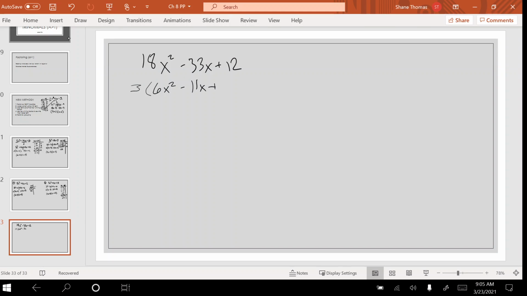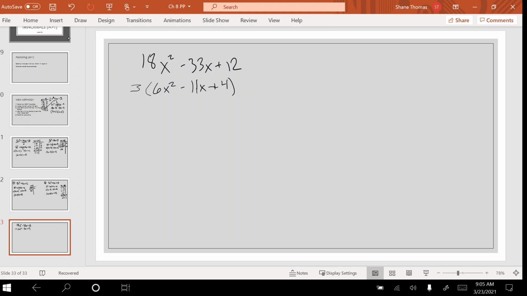All right. So now I factored that 3 out. Basically, I am just going to work with that polynomial on the inside and ignore that 3 for right now. Okay, I'm going to just kind of ignore that guy for now.